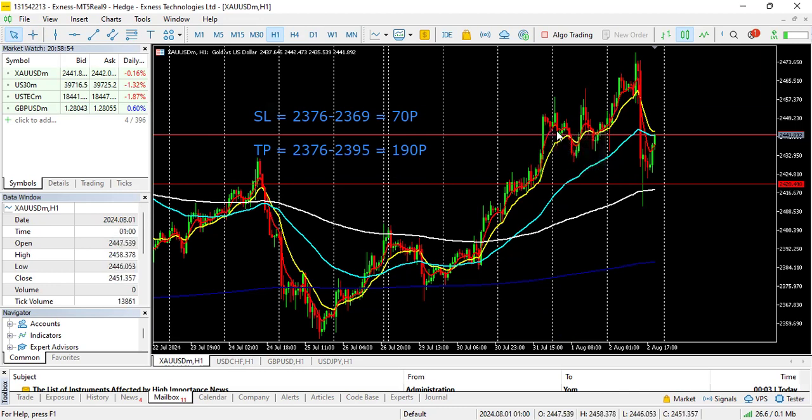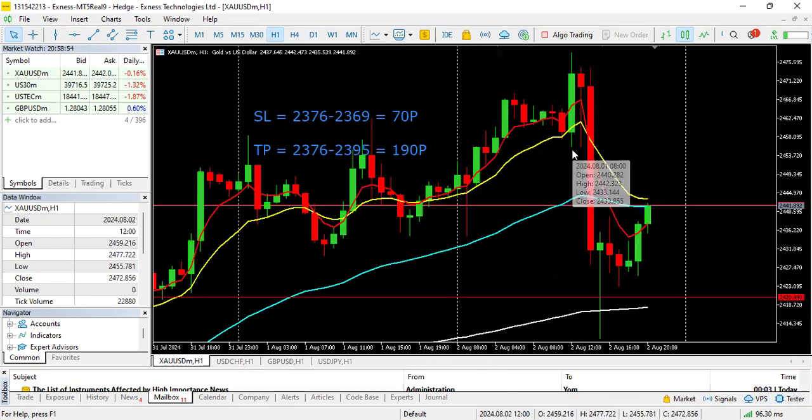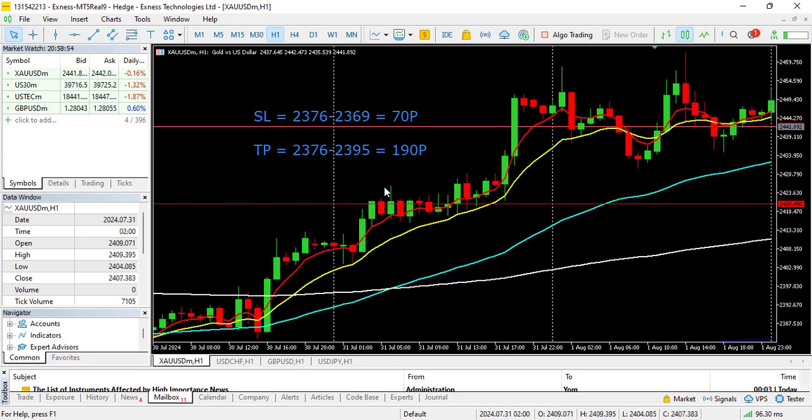It is when you're noticing this kind of pattern, but the main thing is when you see that the candles are falling, two candles are falling below your 13 EMA.